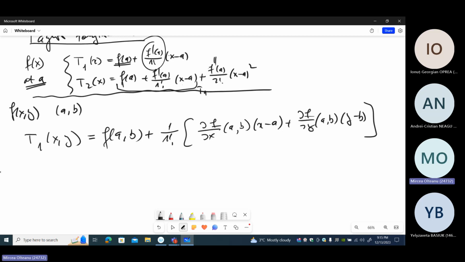This is the first degree, or it is also called the linear approximation of f around the point (a, b).